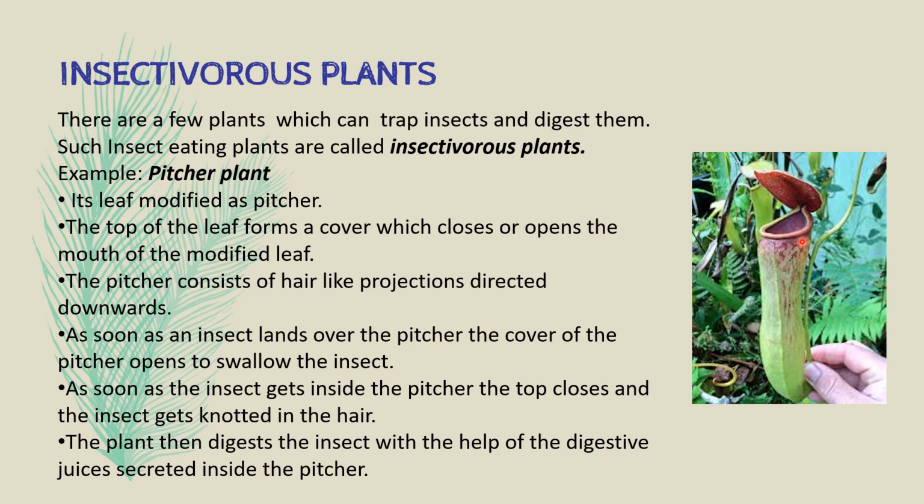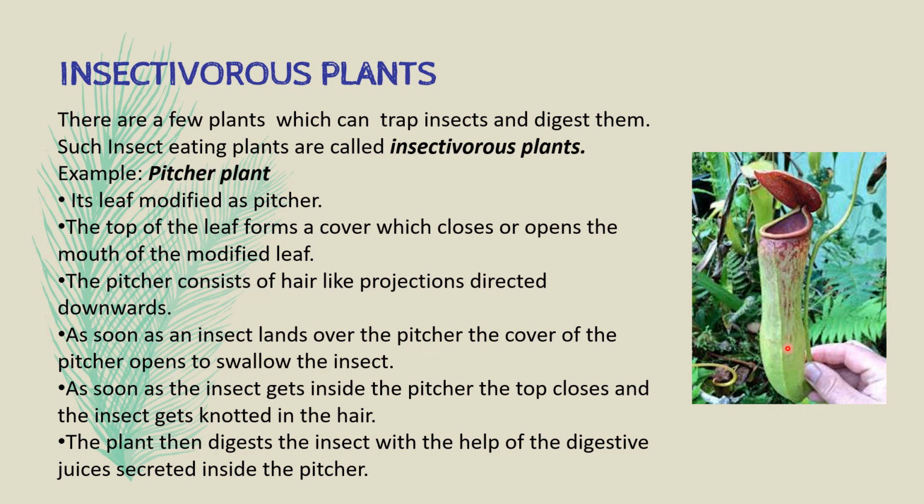The plant then digests the insect with the help of the digestive juices secreted inside the pitcher. In our body also, in our stomach, some juices are there. Those juices help to digest our food. That we will study in other topics, other lessons.